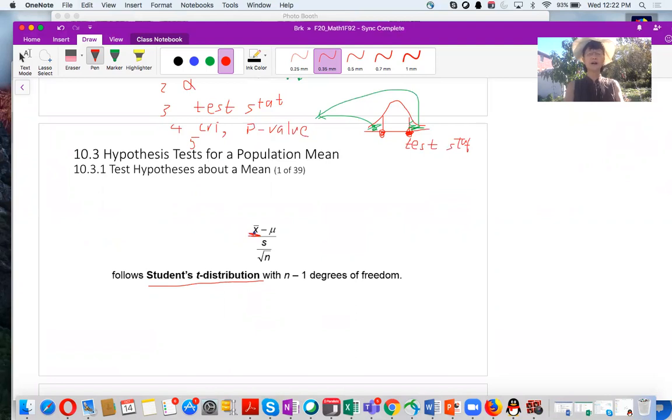When you do a hypothesis test, you are always targeting the population. You assume a number for population mean, and this assumed number could be from historical data or from previous research. For example, the average age at Brock University may be 22 years old.